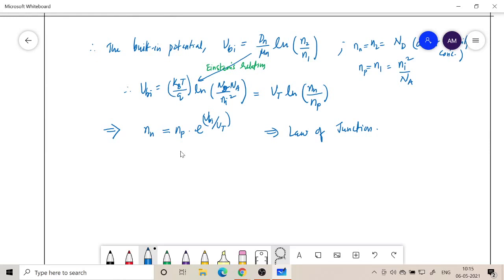So VBI is basically the voltage difference between the 2 points, and that is related to the carrier concentration. In this case we have taken electrons.